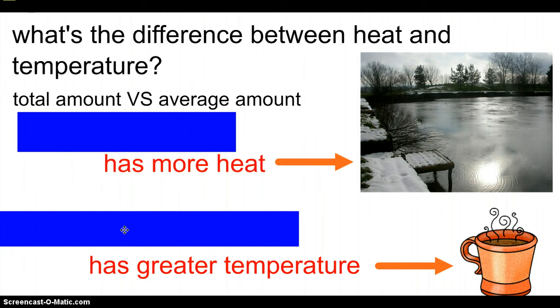The molecules in the coffee mug are moving around a lot faster, but there's a lot fewer molecules too. Temperature is the average amount, and on average, those molecules are moving more, so they have more thermal energy. But the lake has a greater number of molecules, so it's going to have more heat.